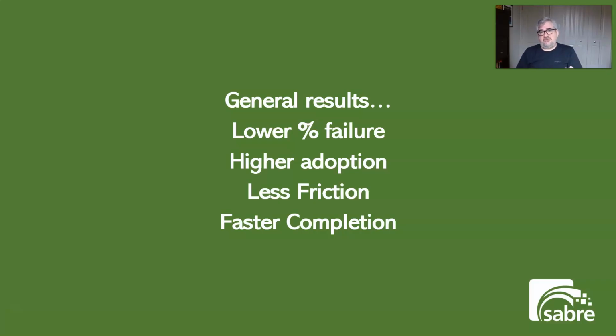So the general outcome of doing it this way is you're going to have a lower percentage rate of failure within the organization. You're going to have a more successful ERP, very much more likely to have a successful ERP. You're going to have a higher adoption by the team, because the team are going to feel like they can use the new features of the ERP, and they can watch the videos on YouTube, and they can follow along, and they can do those things.